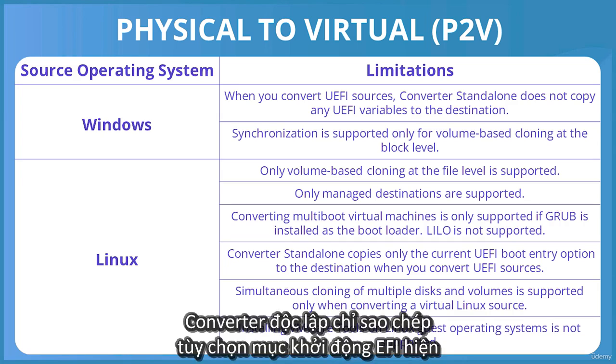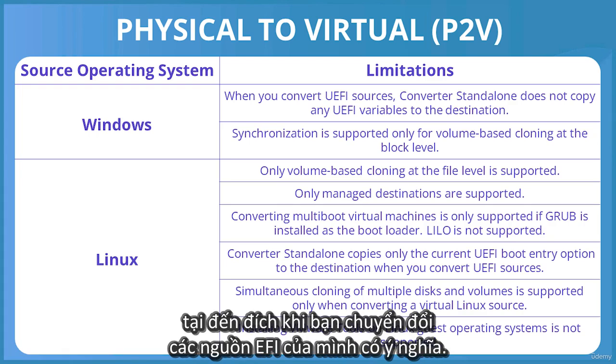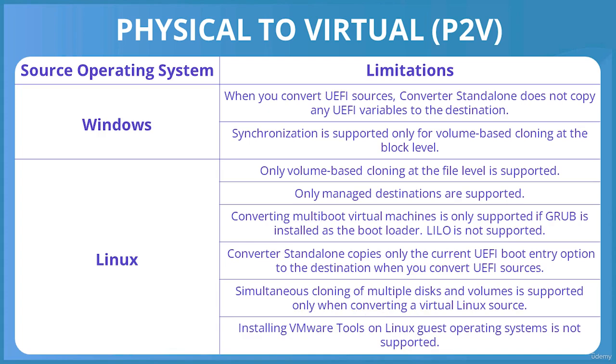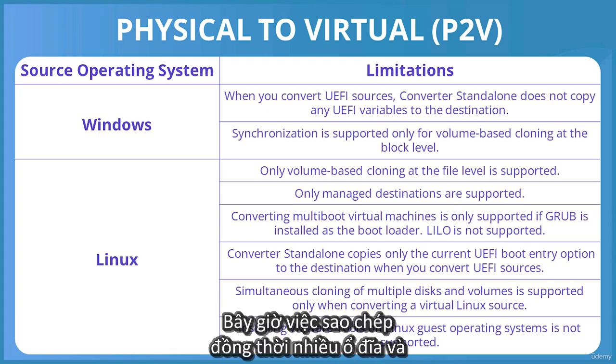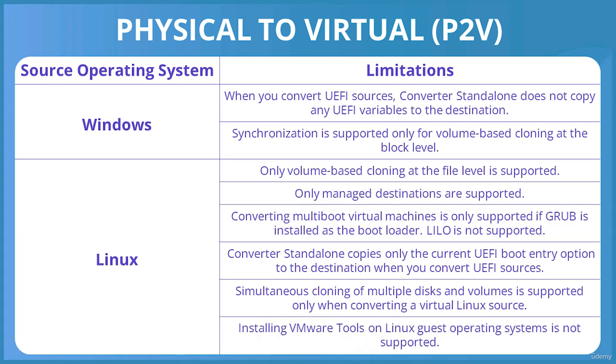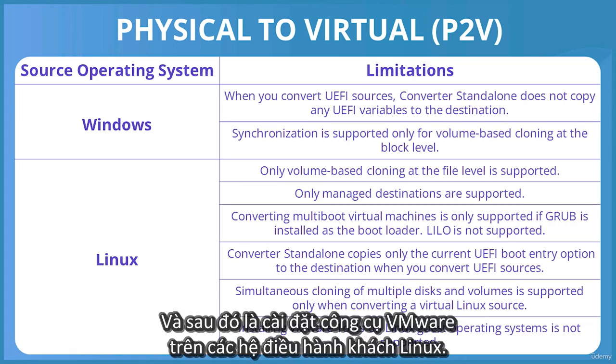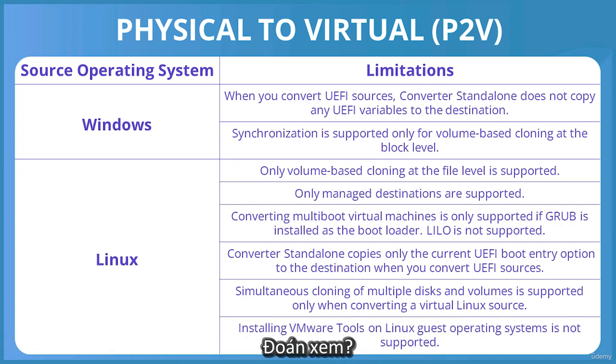Converter Standalone copies only the current UEFI boot entry option to the destination when you convert UEFI sources. Make sense? Now, simultaneous cloning of multiple disks and volumes is supported only when converting a virtual Linux source. And then installing VMware Tools on Linux guest operating systems, guess what? Not supported. All right?